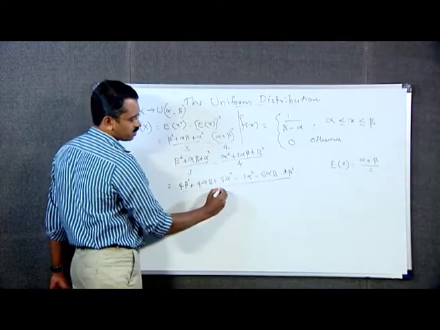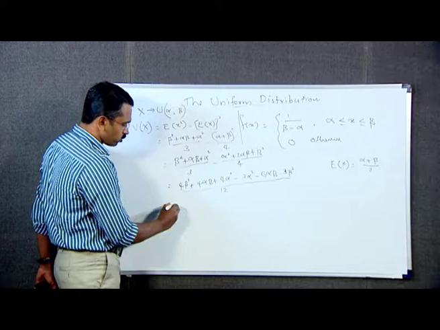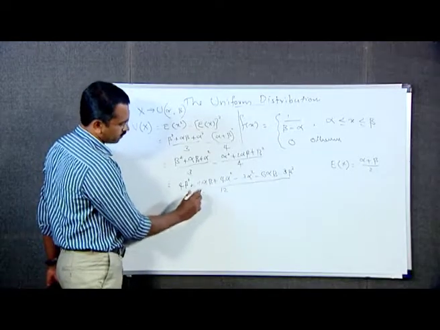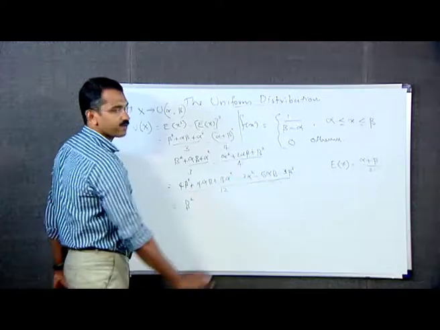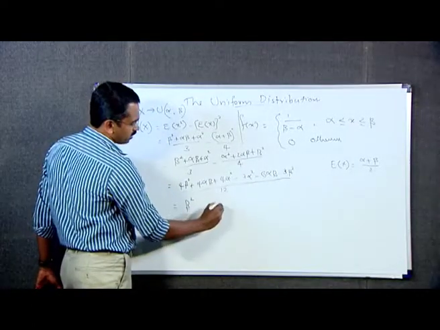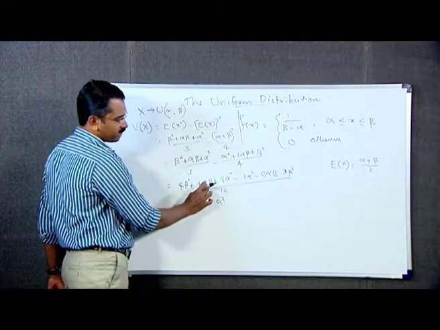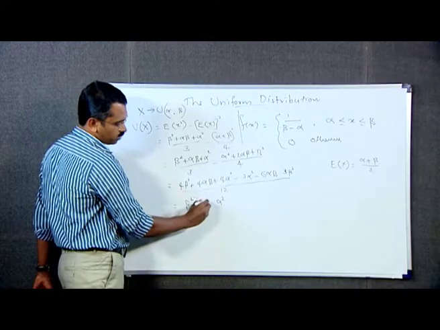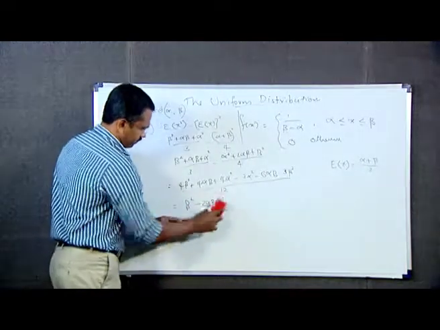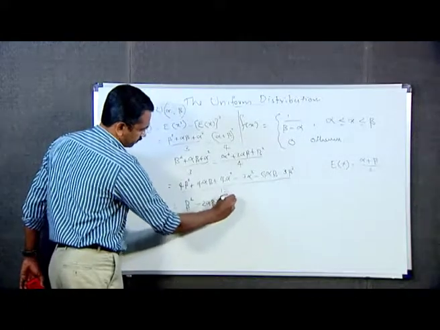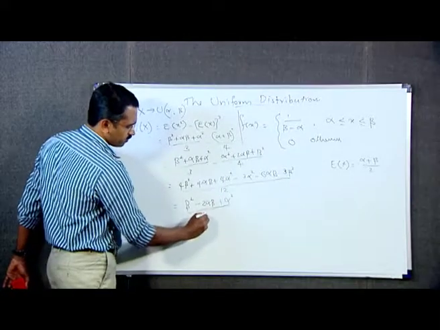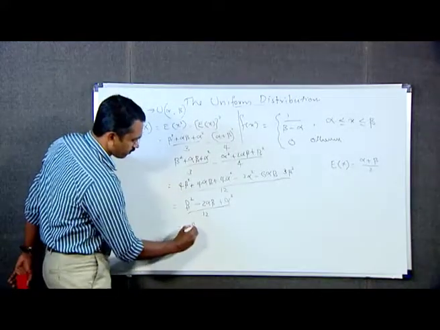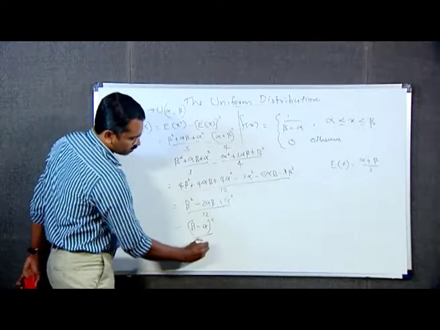all divided by 3 into 4 is 12, which is equal to 4 beta square minus 3 beta square is 1 beta square, 4 alpha square minus 3 alpha square is 1 alpha square, and 4 alpha beta minus 6 alpha beta is 4 minus 6, which is minus 2 into alpha beta, all divided by 12, which is equal to, this is beta minus alpha the whole square divided by 12.